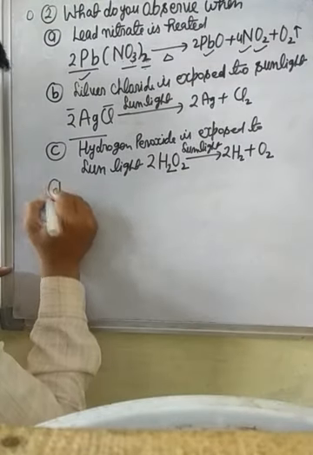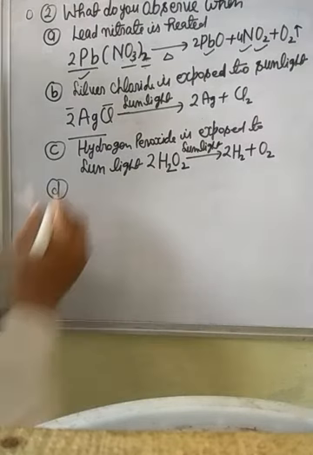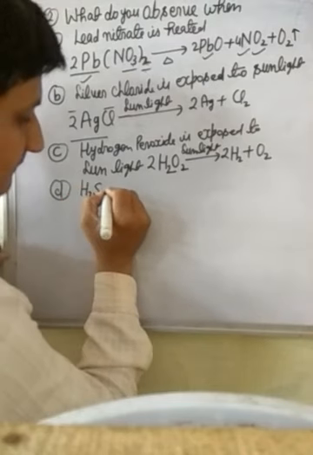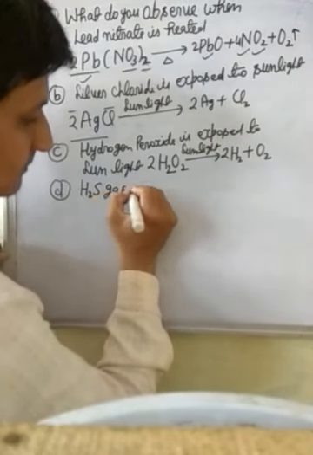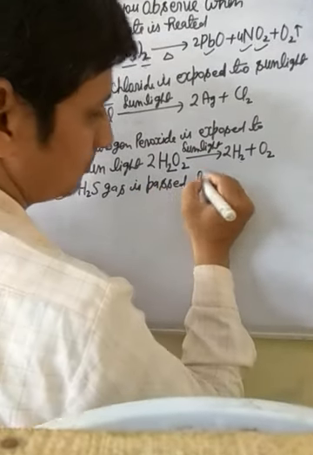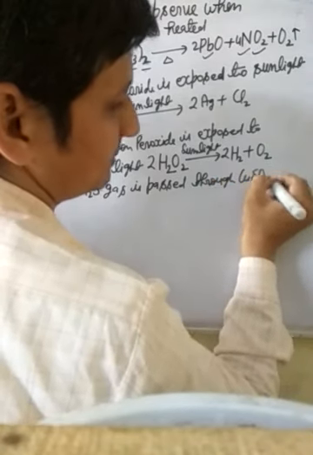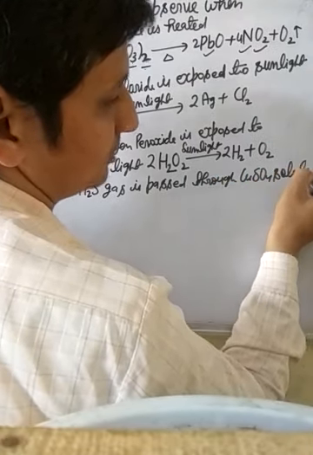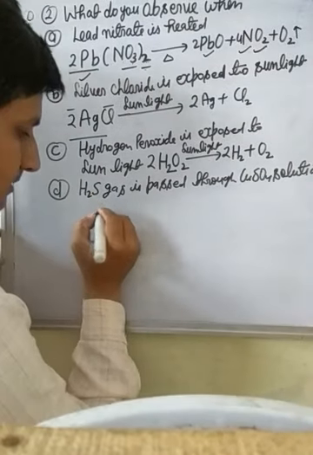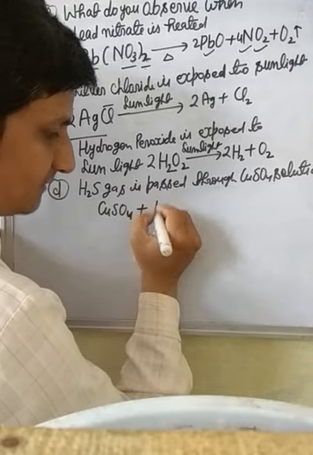Okay, students. And D part of the question is hydrogen sulfide gas is passed through copper sulfate solution. Now we take copper sulfate solution, CuSO4, and pass hydrogen sulfide gas, H2S.